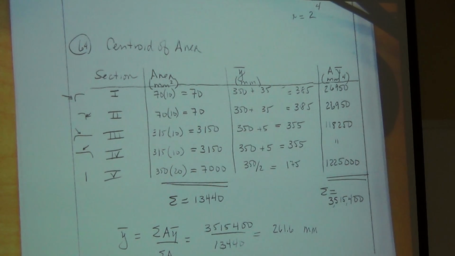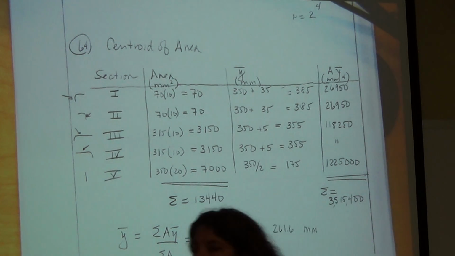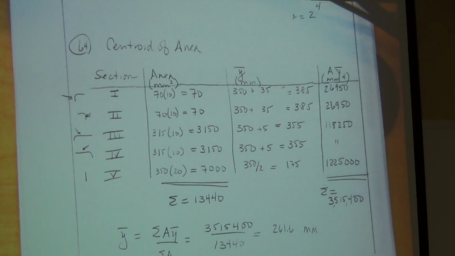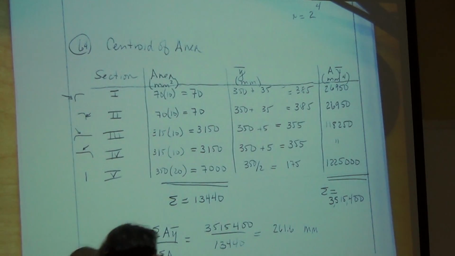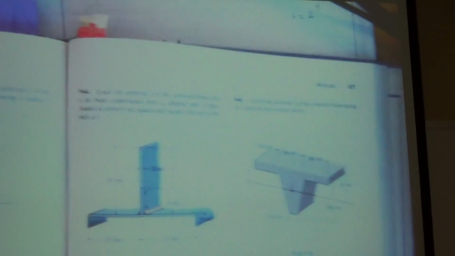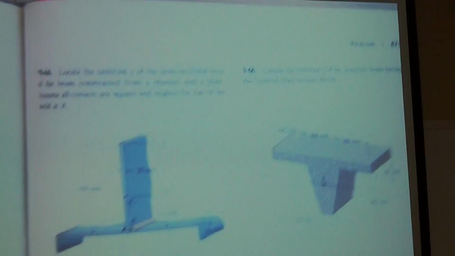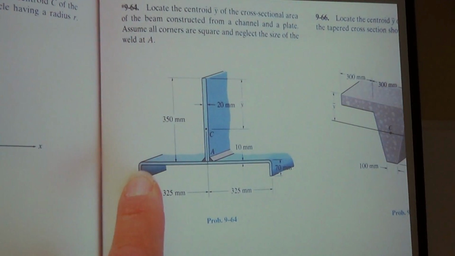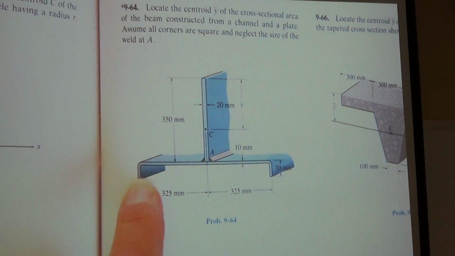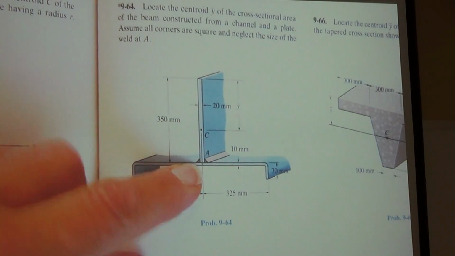Then the centroid, we're measuring it from the top. I'm trying to find the centroid of this vertical piece. I have to go down 350, then another 10.